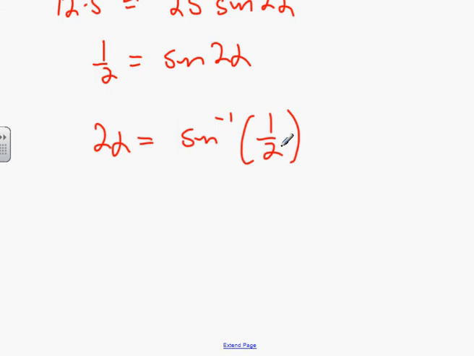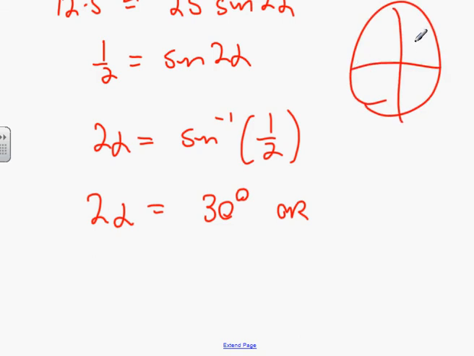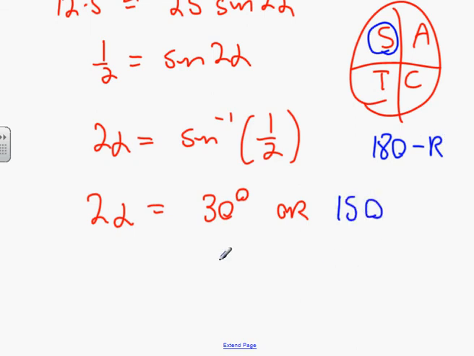What's sin inverse a half, lads? 30 degrees. Or, remember ASTC? Your second answer can be located in the second quadrant. If it's in the second quadrant, it's 180 minus the answer of your first quadrant. Divide by 2.